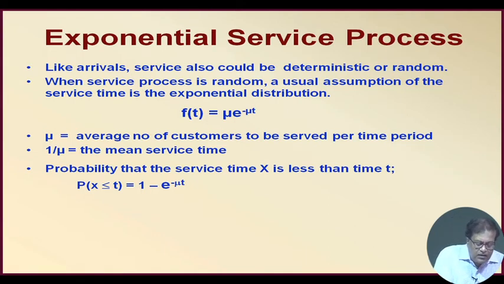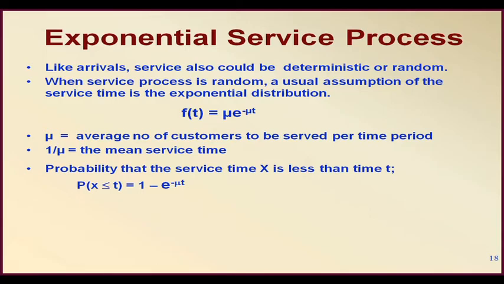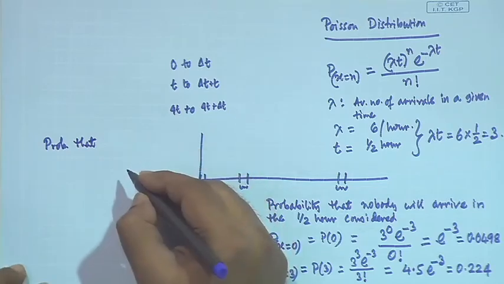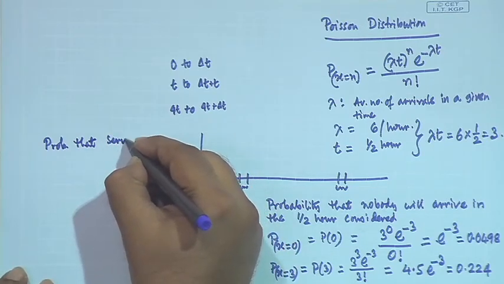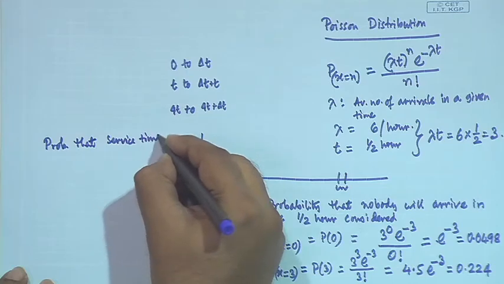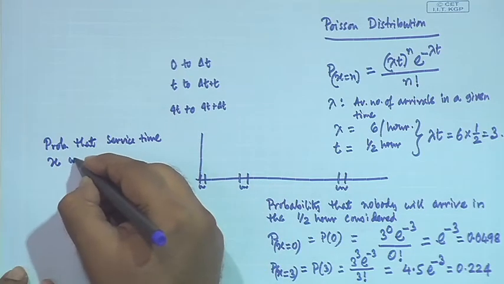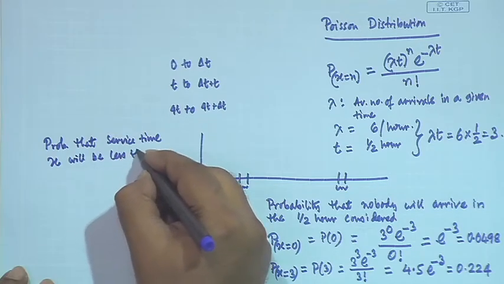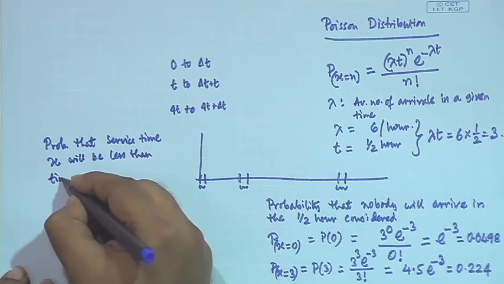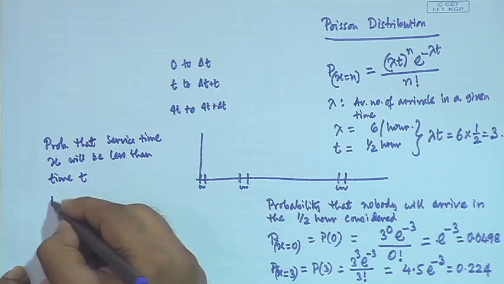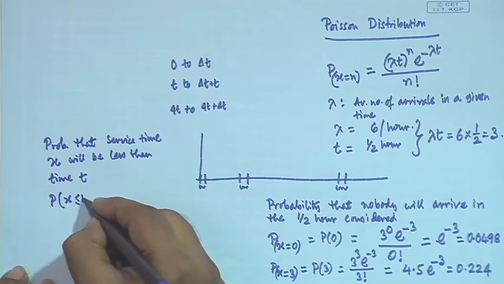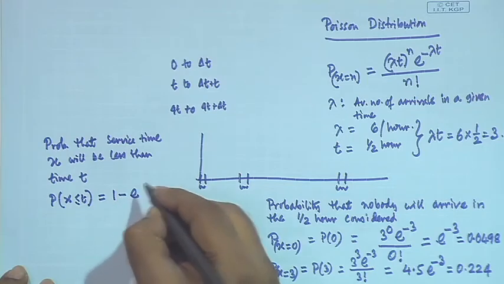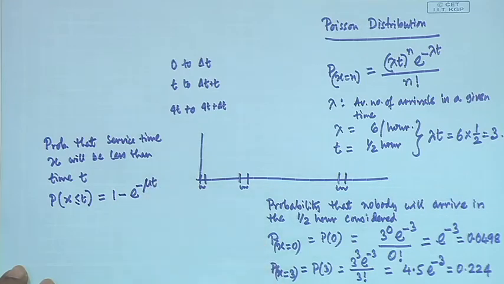So, let us write it here, the probability that the service time x will be less than time t, that is probability of x less than or equal to t, is given by 1 minus e to the power minus mu t, right.